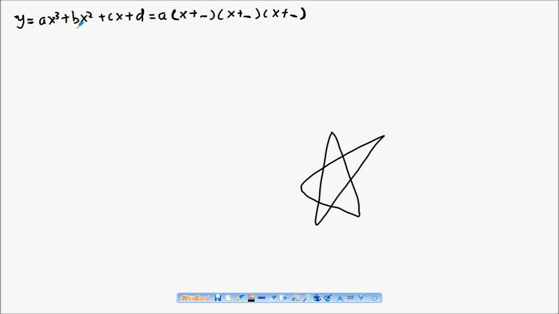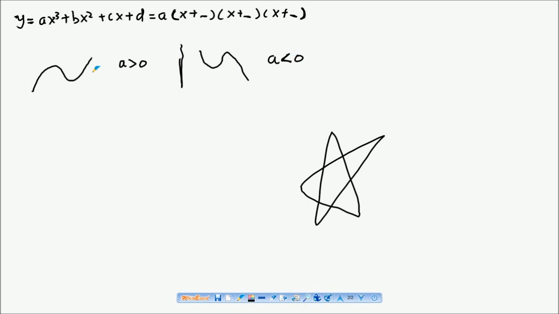The shape of this graph would look like this if a is positive. Okay, and it would look like that if a is minus, a is negative, a is less than 0.